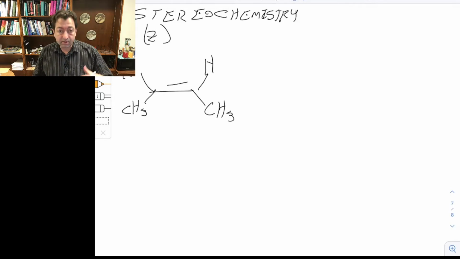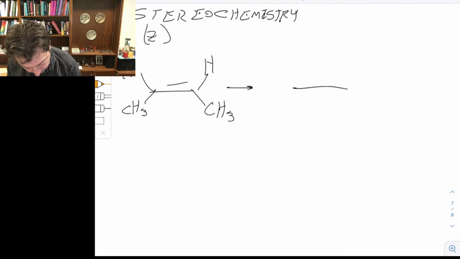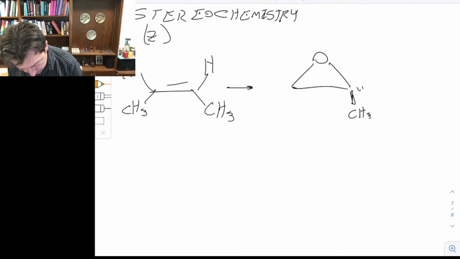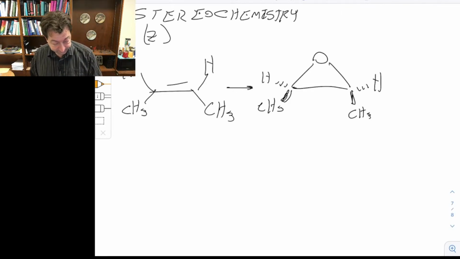So now let's look at what happens to this particular molecule as we form the epoxide. We form an epoxide that looks like that.